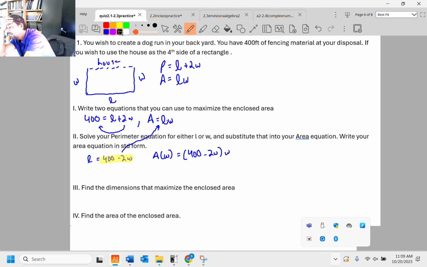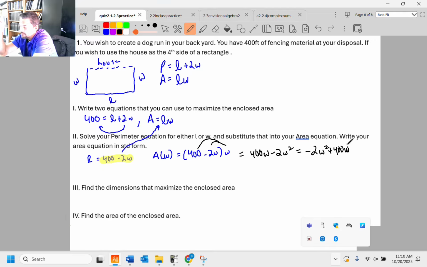And we'll clean that up using the distributive property. That'd be 400W minus 2W squared, which in standard form is negative 2W squared plus 400W. So there is your equation.